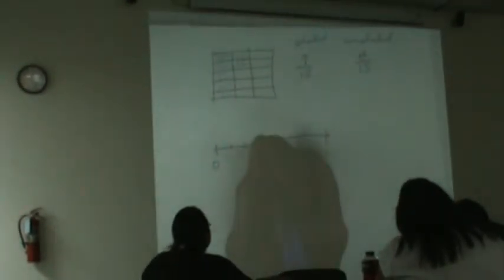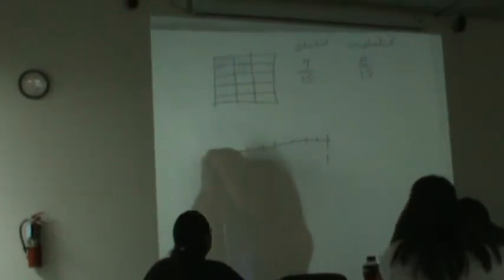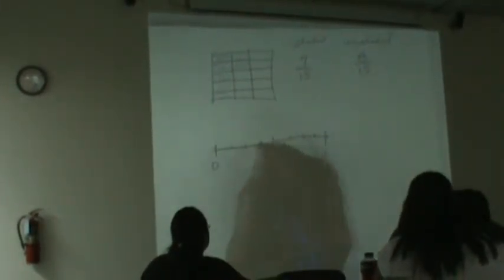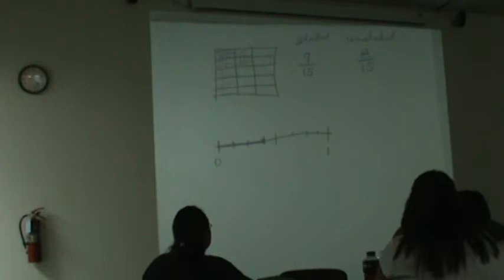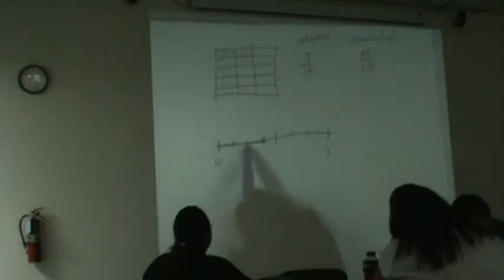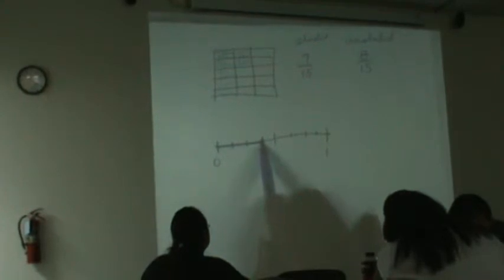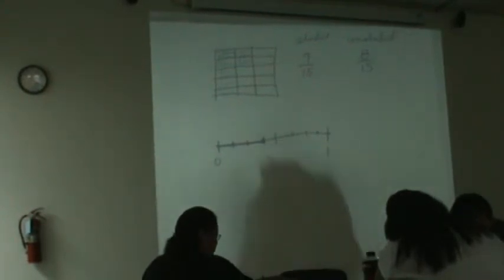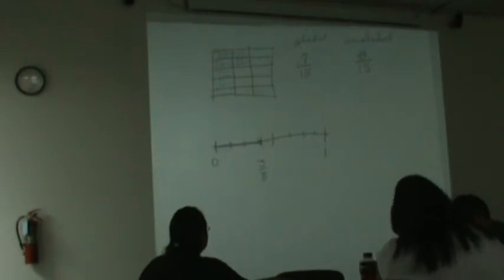Okay. Where would this be from here to here? How much of it is that right there? There's 1, 2, 3 parts out of 8 parts. That's 3/8, just like reading a ruler. Right here would be 3/8. Okay.